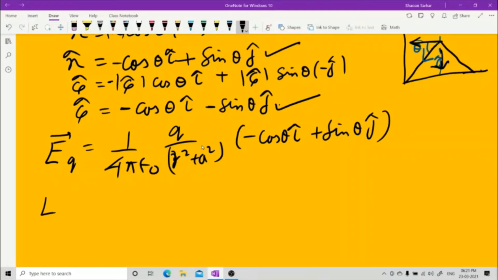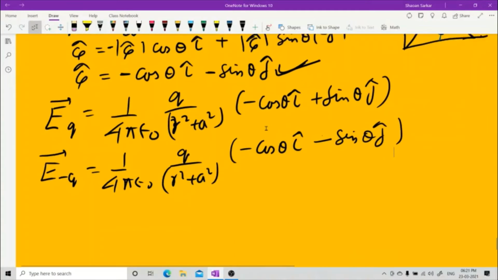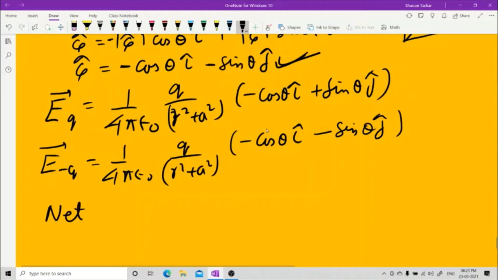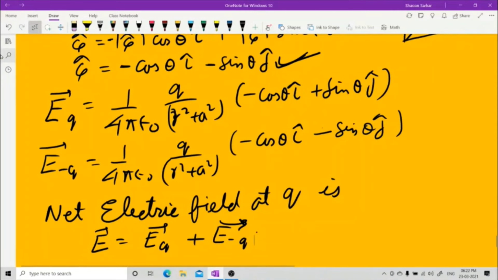Now, E due to minus charge Q is 1 by 4 pi epsilon naught Q upon R square plus A square, times minus cos theta i minus sine theta j. Now vectorially adding, the net electric field at Q is E equal to E plus Q plus E minus Q. Just put these two values.